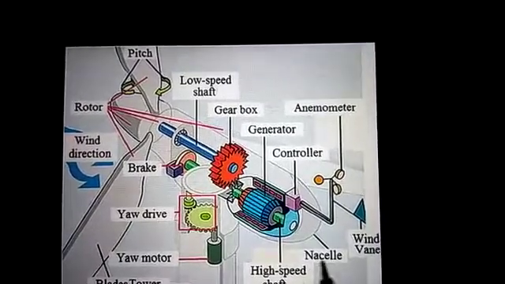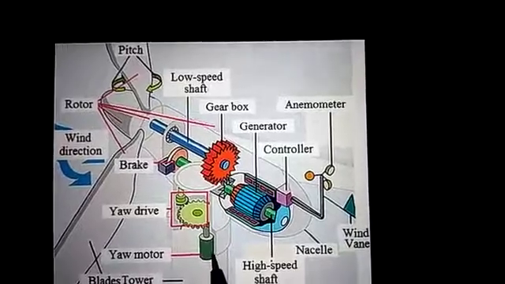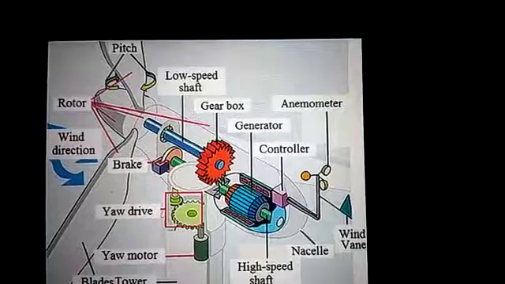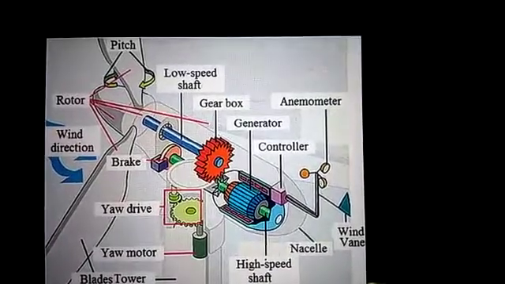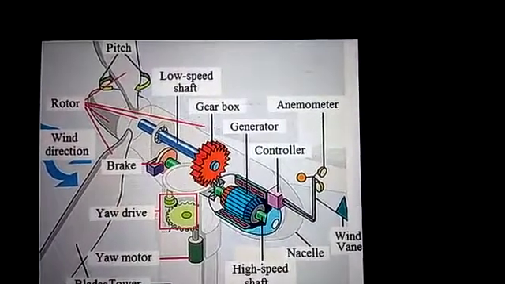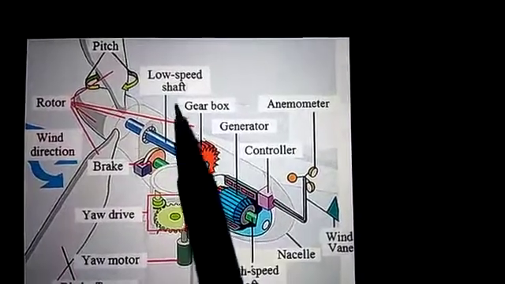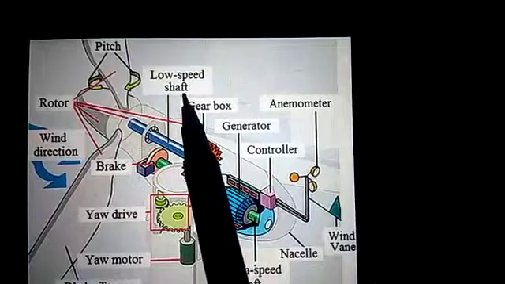Now air motor. See, this is the air motor. Air motor is nothing but a powerful electric motor, usually alternating current. Now low speed shaft. This is the low speed shaft.